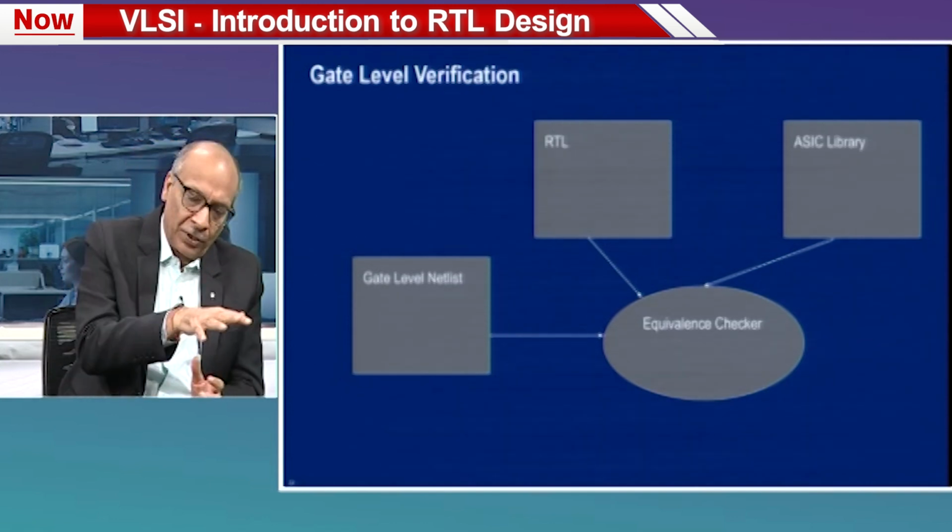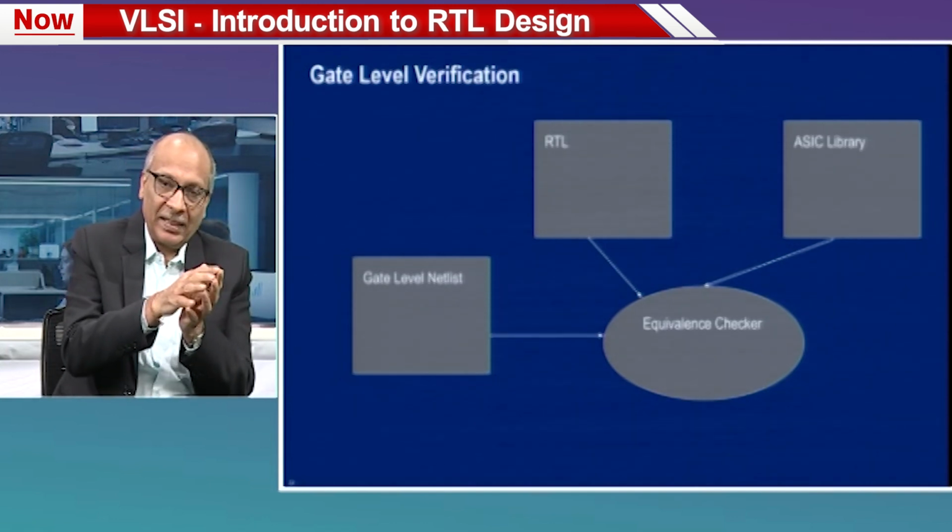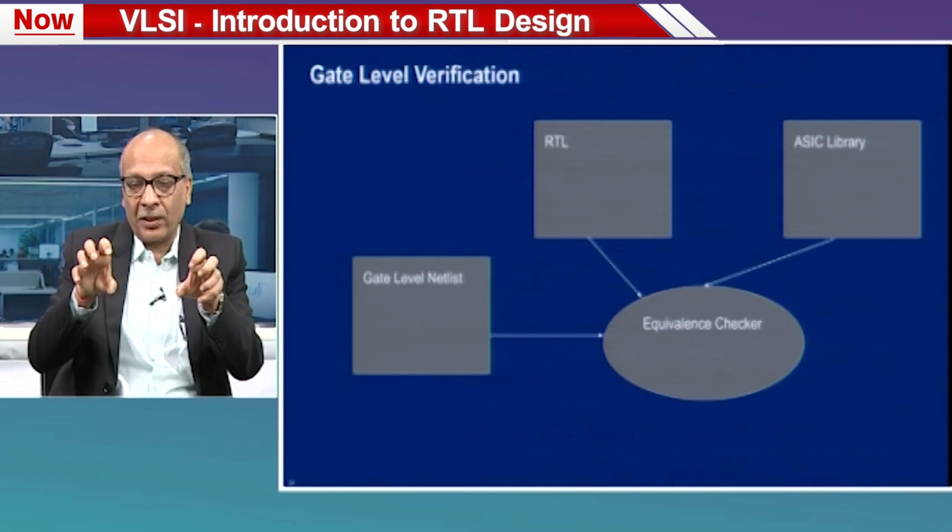In the context of synthesis, we had mentioned that retaining the name is a major care about. We have to make sure that the names which were there at the RTL, those same names are maintained at the gate level netlist. This is to help tools like equivalence checker. The tool can know that what was called count in RTL is count raised in netlist. So, I have to compare these two. Else it does not know what to compare. What was called port in1 in RTL is also called port in1 in synthesis.